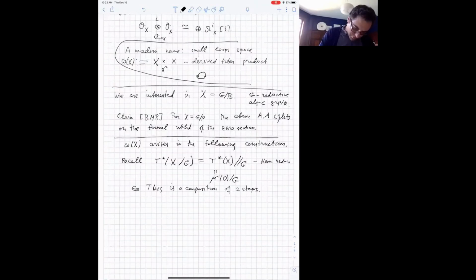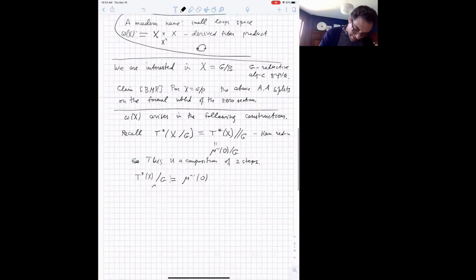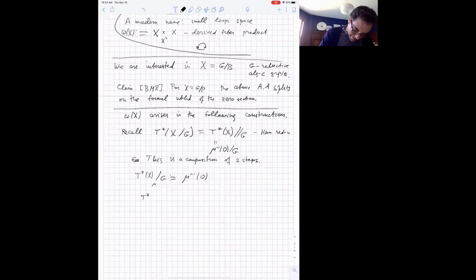Let me just, for convenience, say mu by G, maybe a silly notation; for taking the quotient we don't need a separate notation.